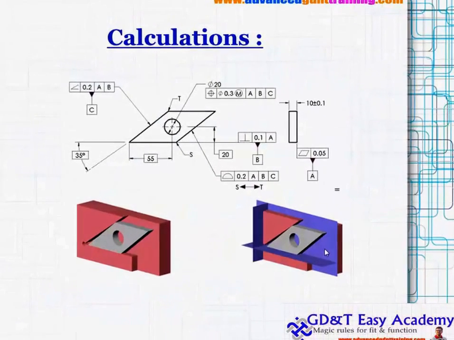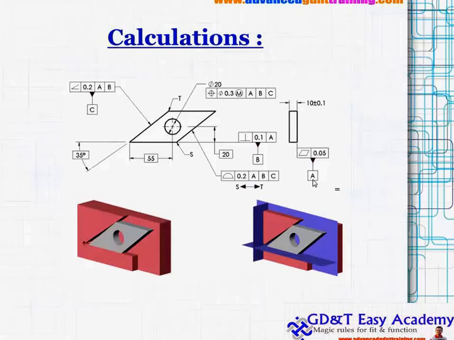And if you look at this particular figure, on the side where you have the flatness and datum A, this big surface with the larger area is where you have your datum A.